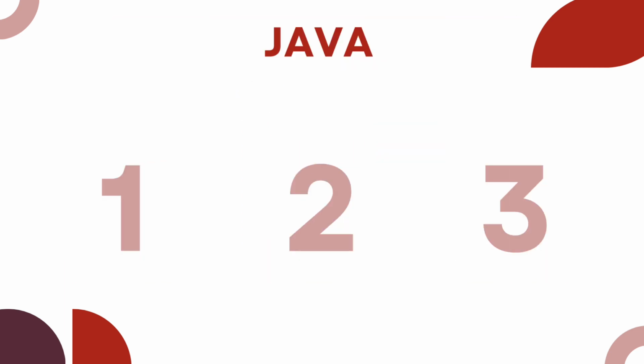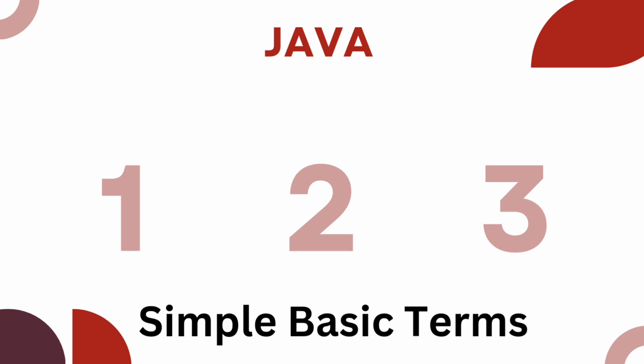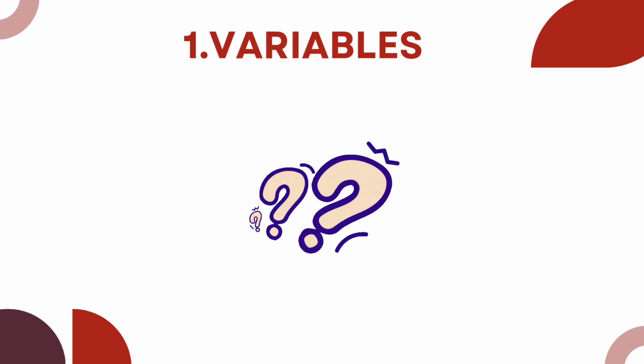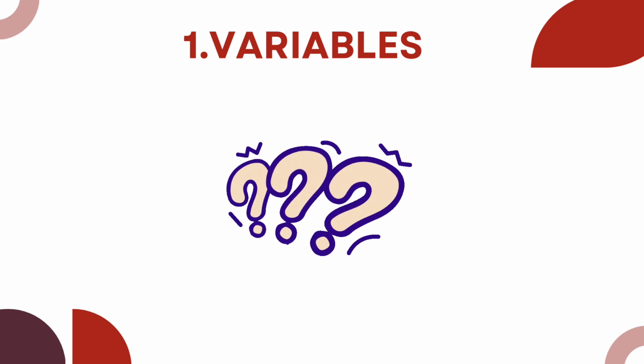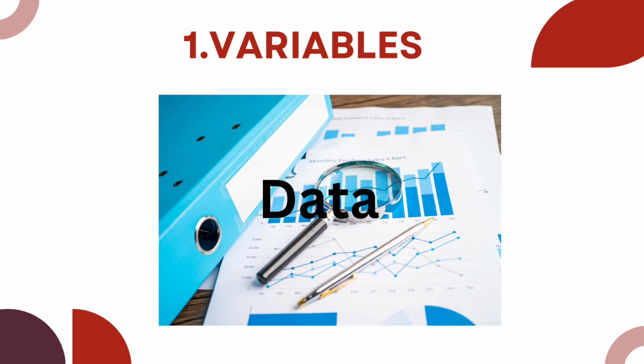Before learning a programming language, you have to know the simple terms. If you are a beginner or an experienced person, you can learn the terms that are useful to you. In Java, first we have to know variables. Variables: nowadays everything is data, right? We have to store the data in one place.